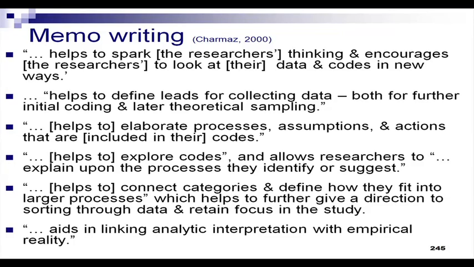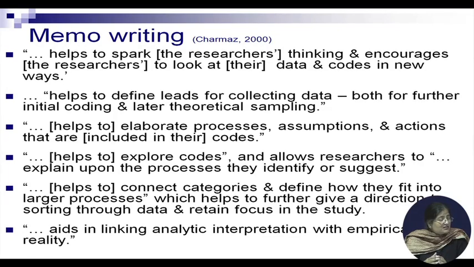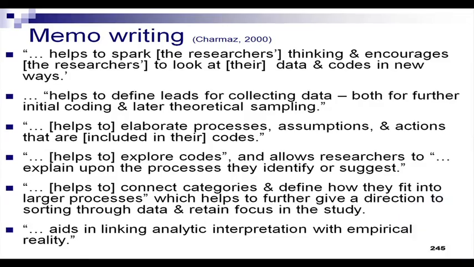Then what do we do? Then we start writing memos. We write down what we saw, what we observed, the data we collected, the categories that were made, and what we have understood. What does this do? This helps to spark the researchers' thinking and encourages the researchers to look at their data and codes in new ways.